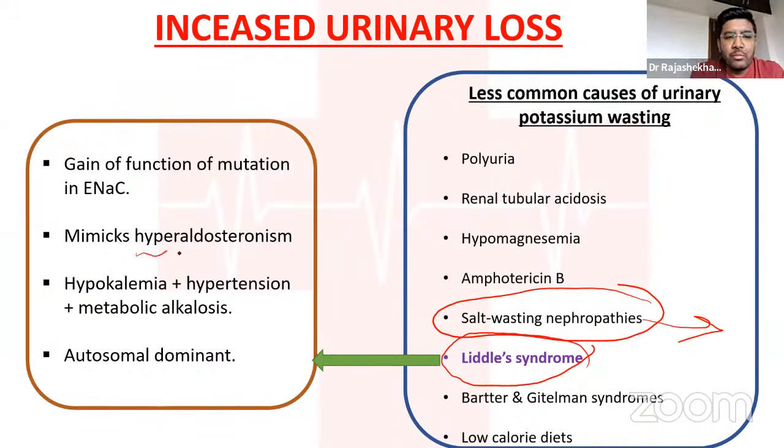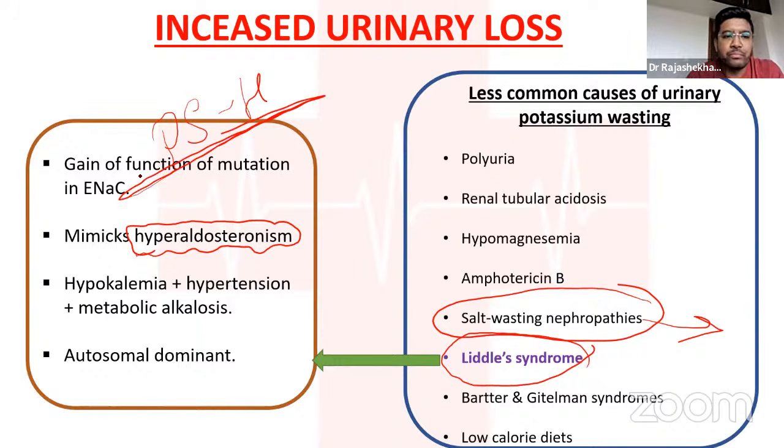If the activity of this channel is increased, more and more sodium gets absorbed. So this actually mimics hyperaldosteronism, but the aldosterone is normal here. Since there is an activating mutation of this channel, they behave similarly to hyperaldosteronism. That's why this condition is also called pseudo hyperaldosteronism.